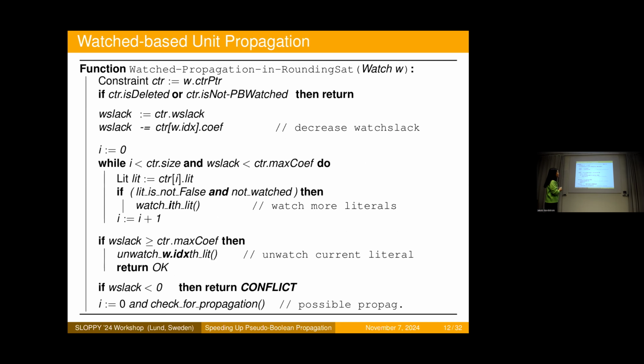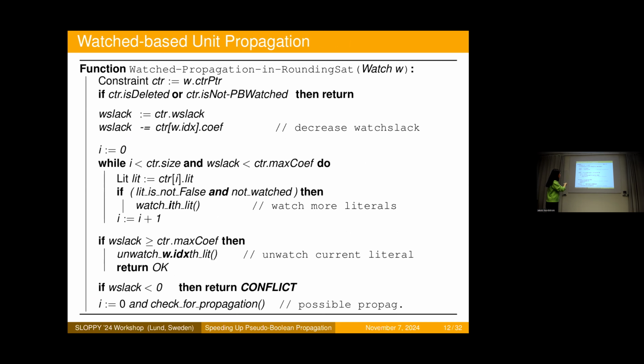Now here is the implementation. After decreasing the watch slack, if it's too small, we enter this loop to extend the watches. And during this loop, if one literal is being watched, we just set the positive coefficient to negative.